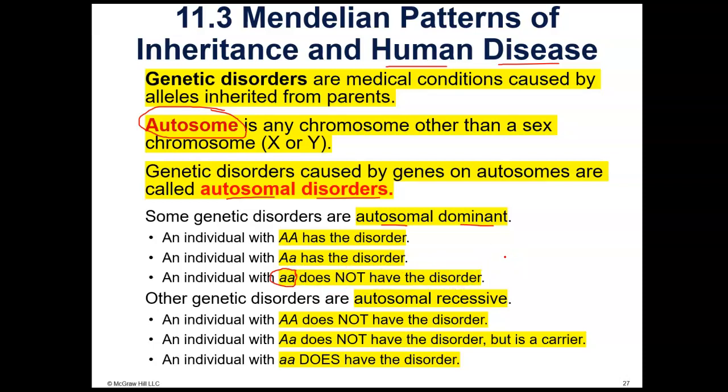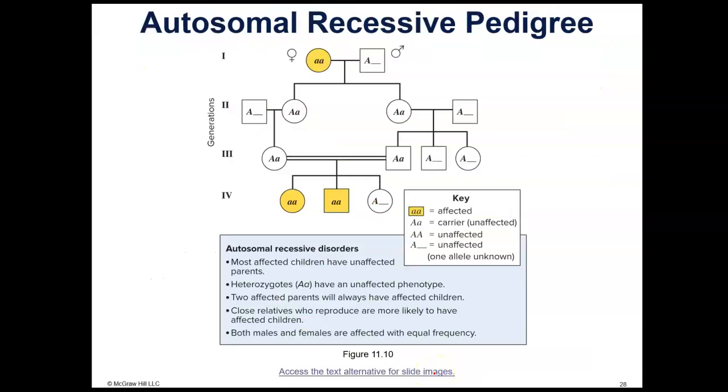They're not as common, but autosomal recessive disorders are much more common. In this case, only individuals with 2 little a's will have the disorder. In the autosomal dominant, if they're 2 little a's, they do not have the disorder. But if it's autosomal recessive, 2 little a's means they do have the disorder.